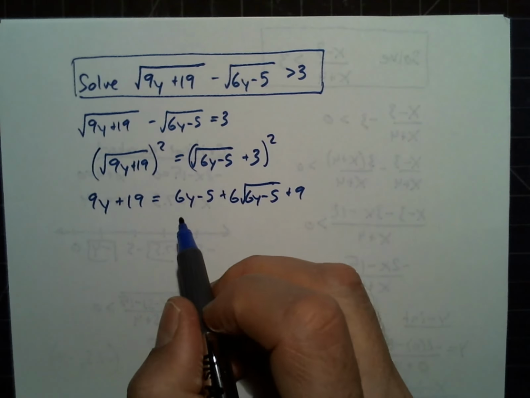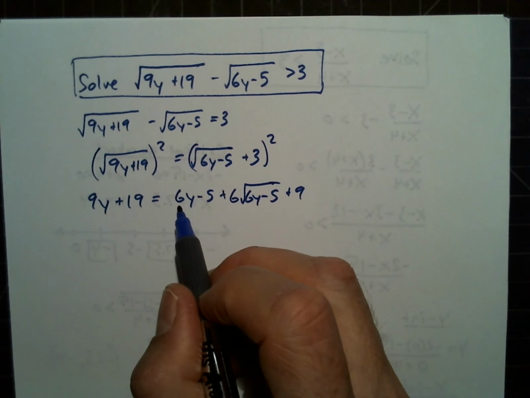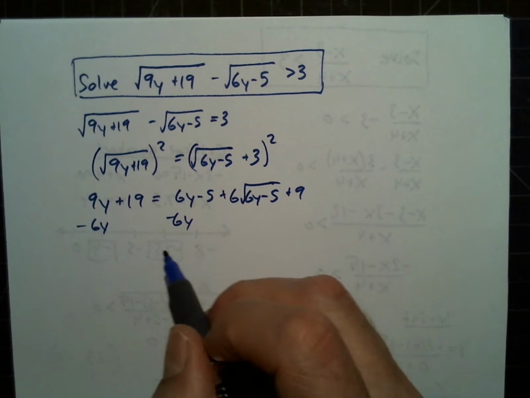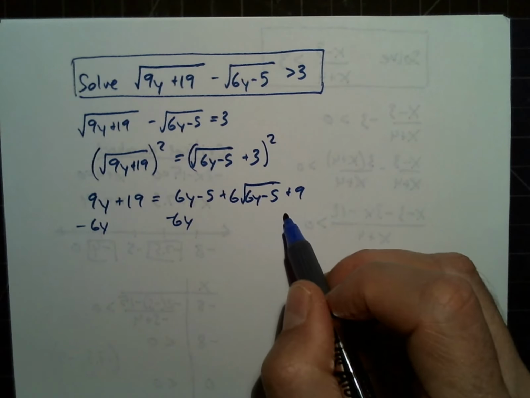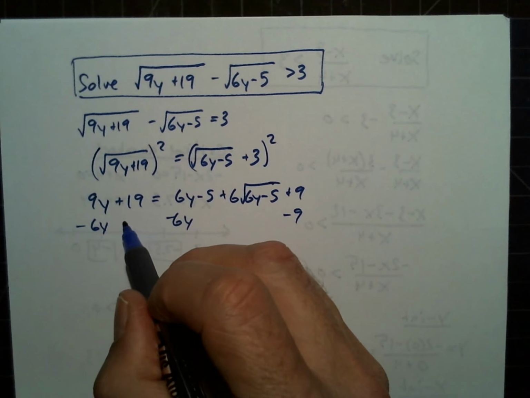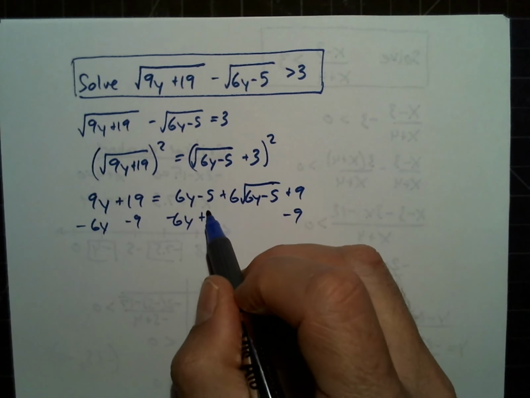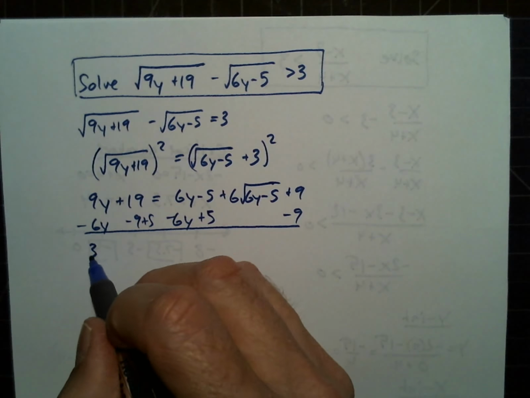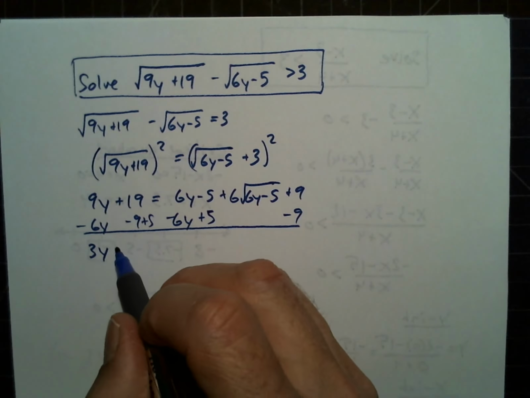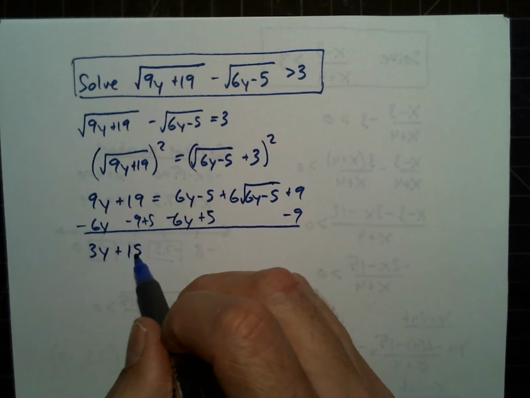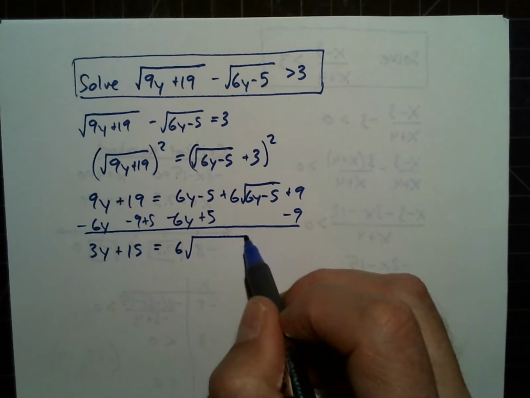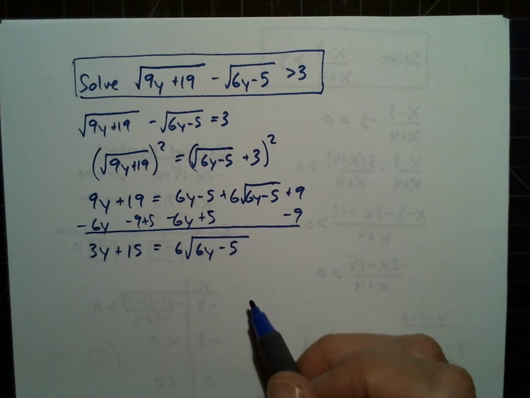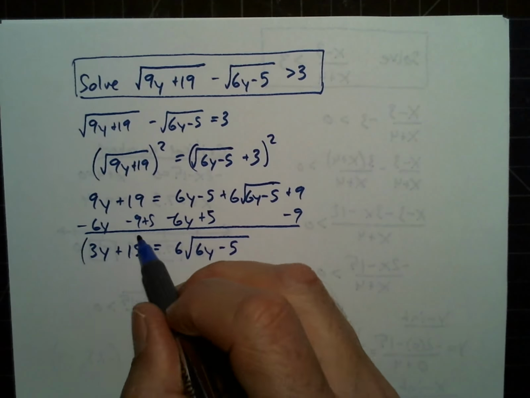All right, and we want to subtract the 6, and we will subtract the 9, and we'll also add the 5. And then we'll square both sides.